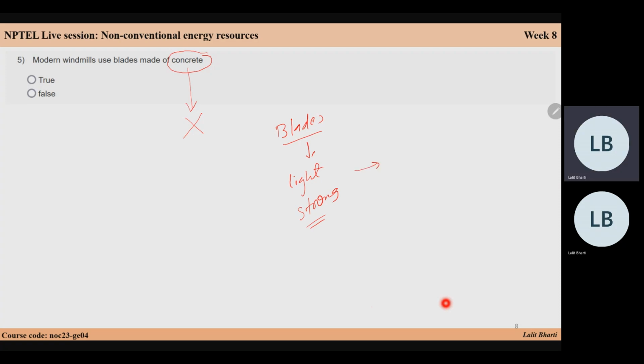That is why they are made of metals like steel, aluminum, or their composites. They can never be made of concrete. So this is clearly false.